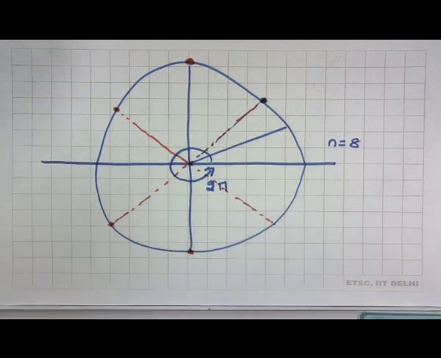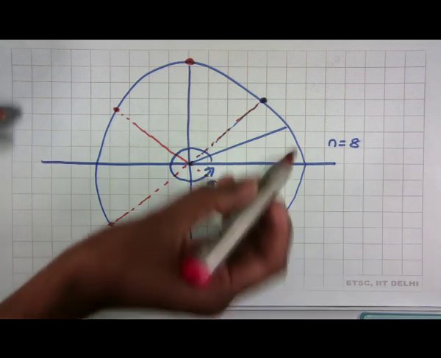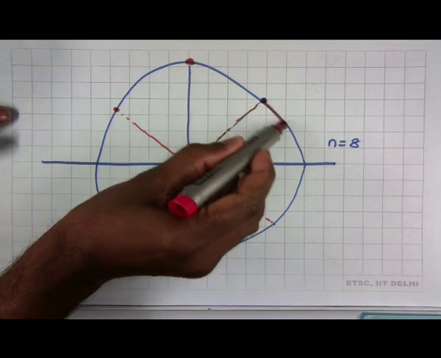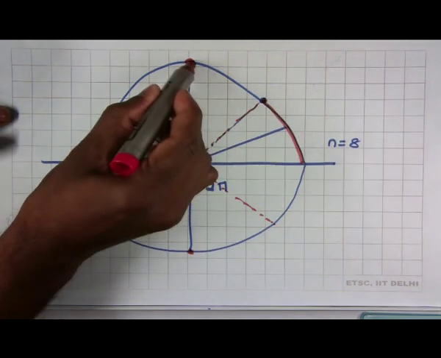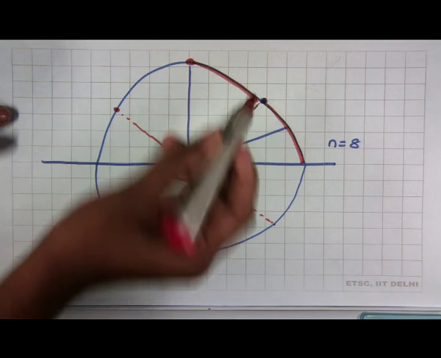So if you closely look at this, for each segment you are dividing into an equal arc length.